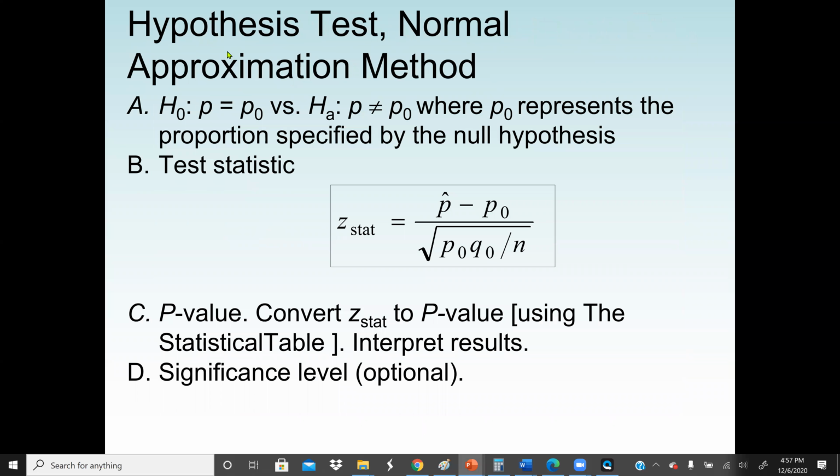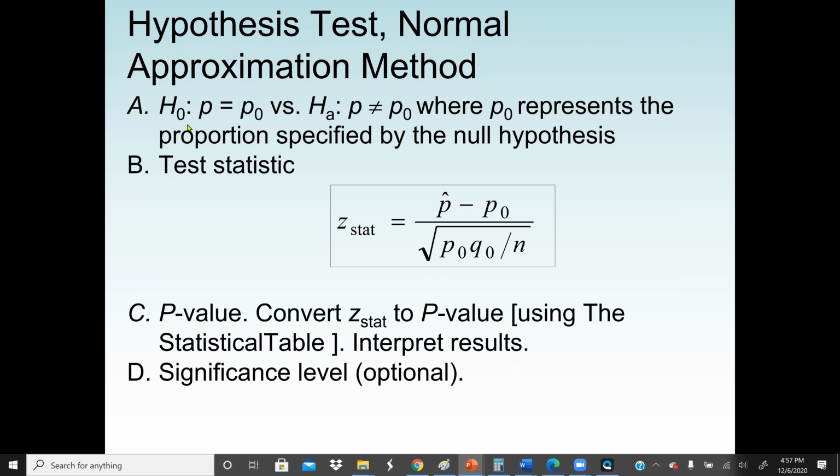So now let's do hypothesis testing. This is again a categorical response variable. Since it's categorical data, we cannot test the mean. We are going to test the proportion.